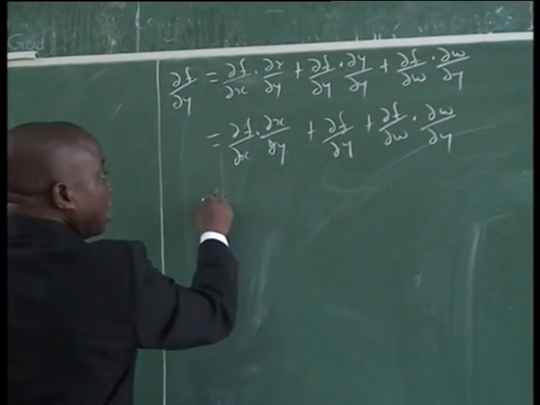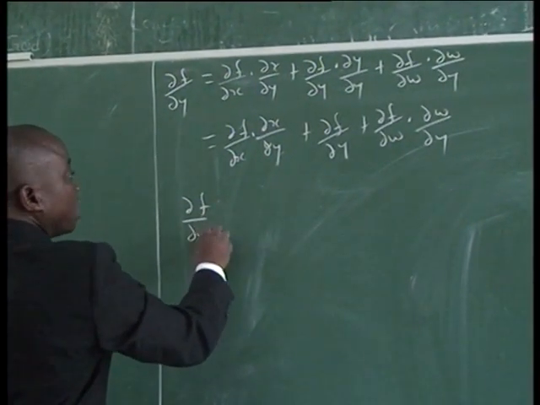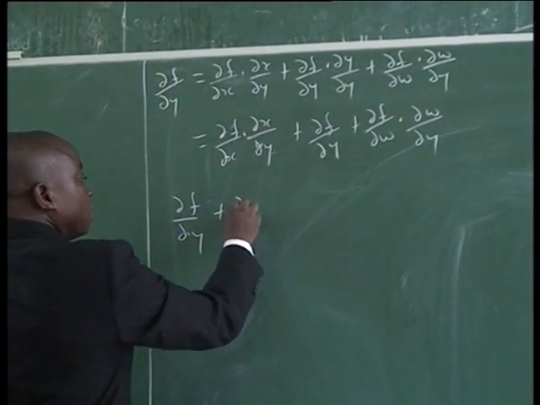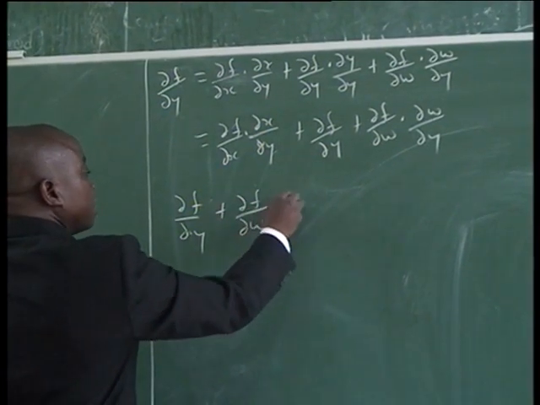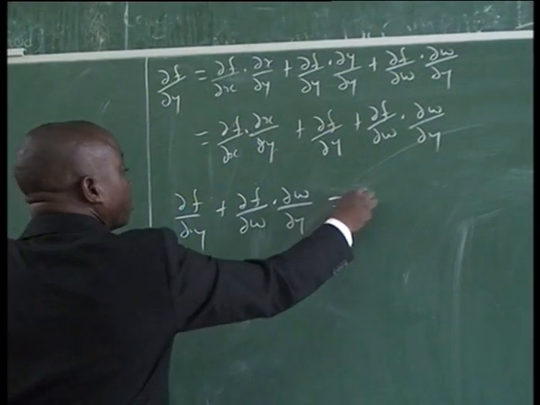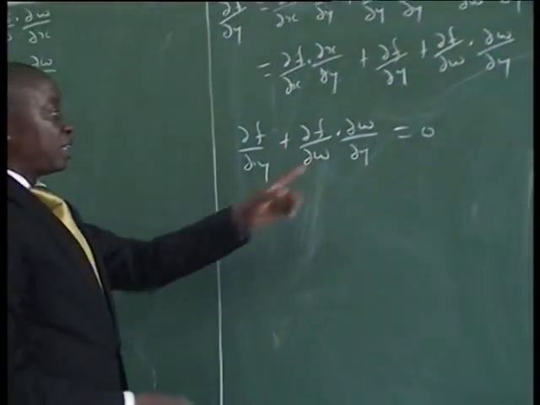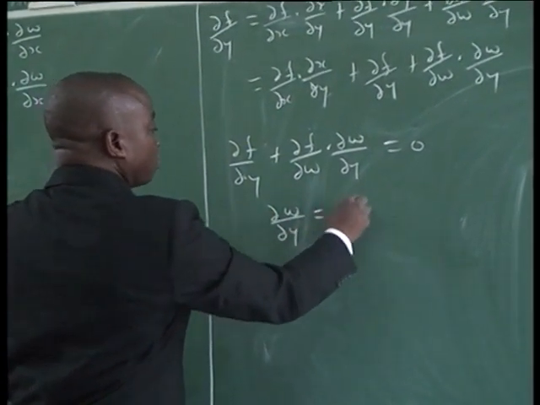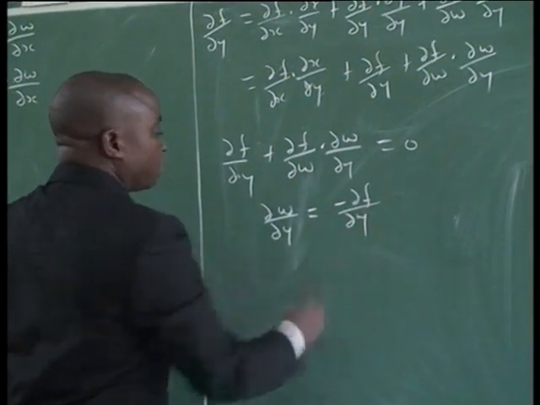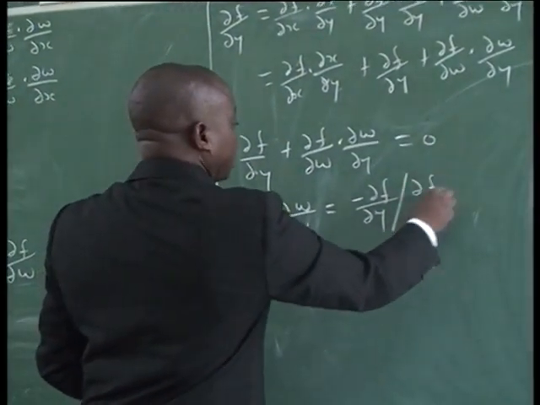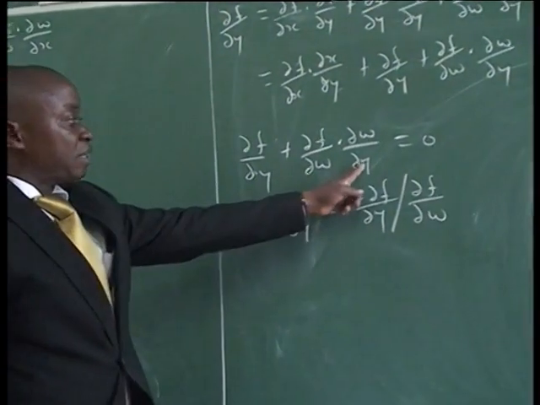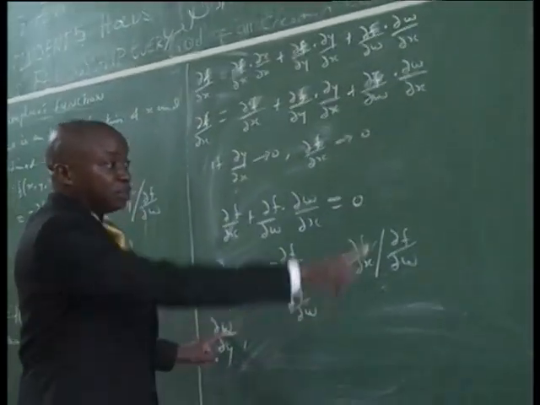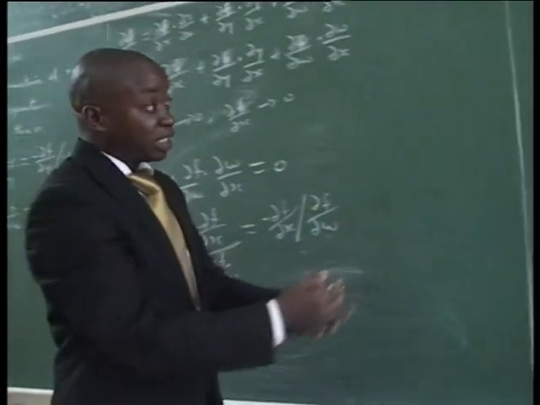So the only thing that remains is partial f, partial y plus partial f, partial w times partial w, partial y equals 0. Now transferring this, we will have that partial w, partial y will be equal to minus partial f, partial y over partial f, partial w. We are making this the subject of the formula. So this is how we get partial w, partial y.